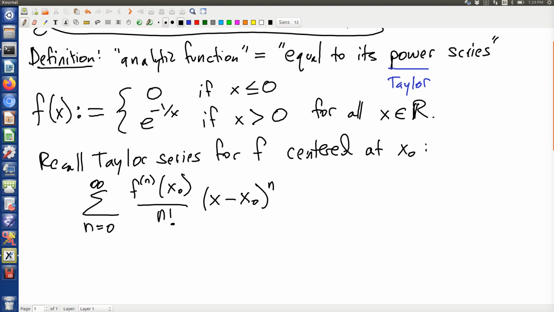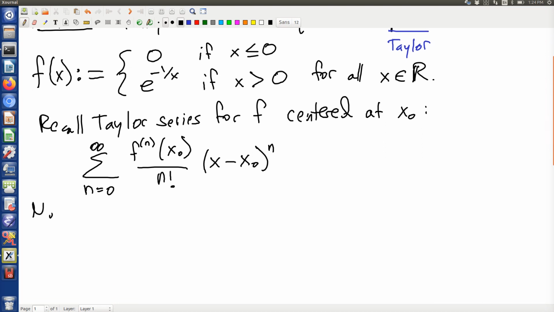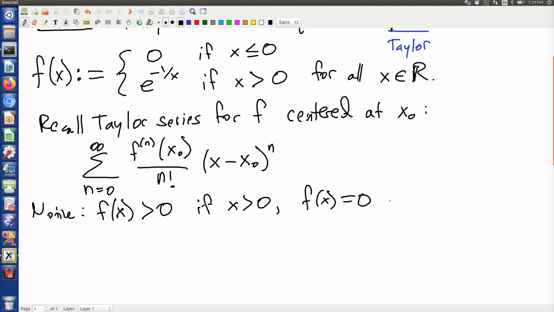And the thing to notice, of course, is f of x is greater than 0 if x is greater than 0. Why? Because e to the x is greater than 0. And it's equal to 0 if x is less than 0.